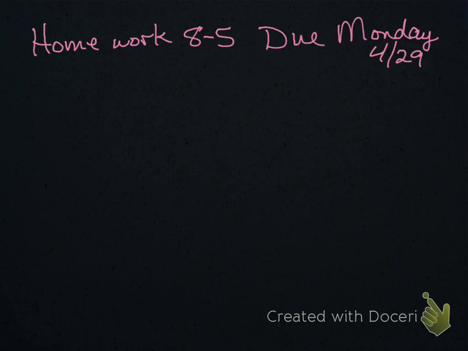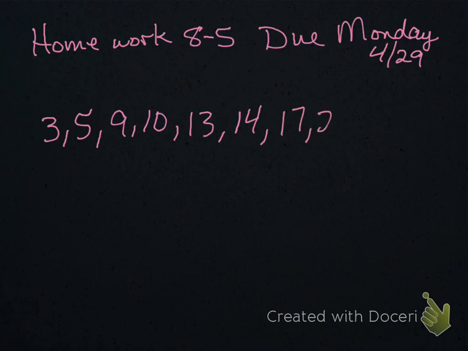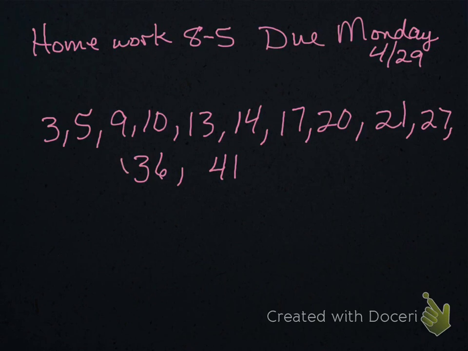So you have 3, 5, 9, 10, 13, 14, 17, 20, 21, 27 for everybody. And then on the back, 36 and 41 for the advanced classes. Okay?